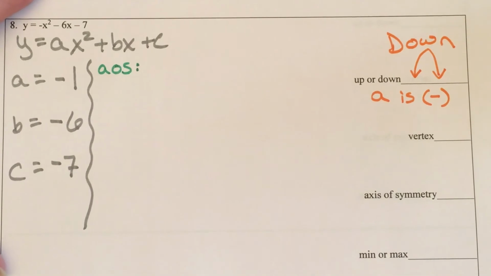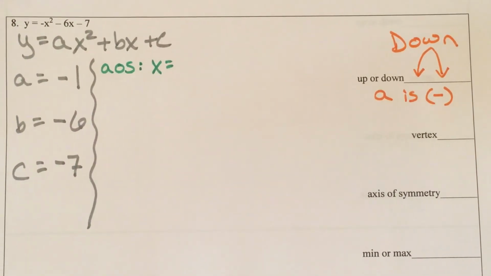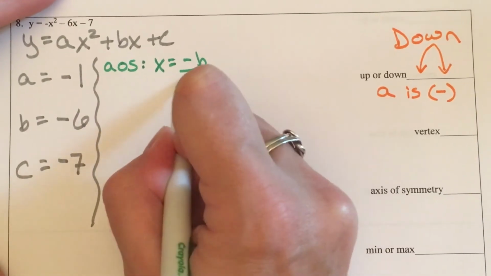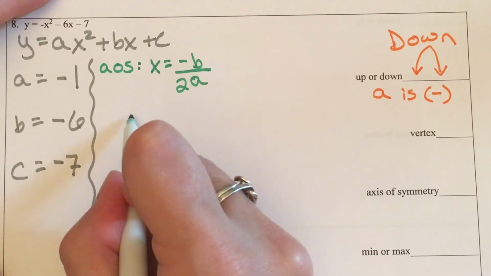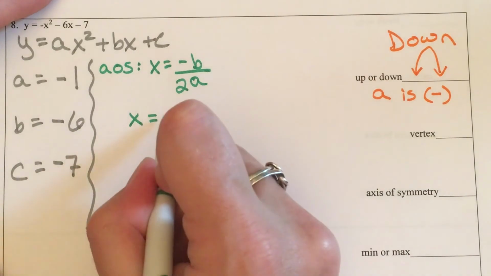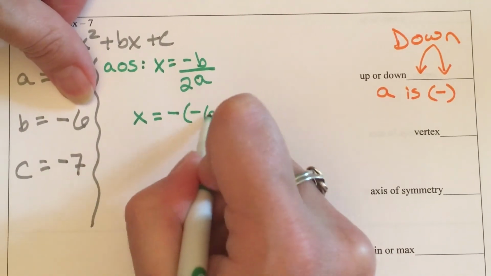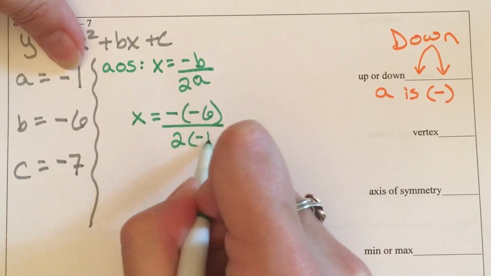You have your equation. X equals, what were the letters? Minus B over 2 times A. Let's go fill in the blank. Negative B. B is negative 6 over 2 times negative 1.